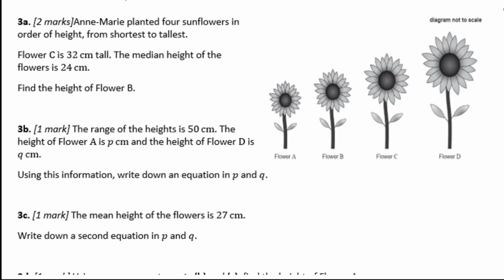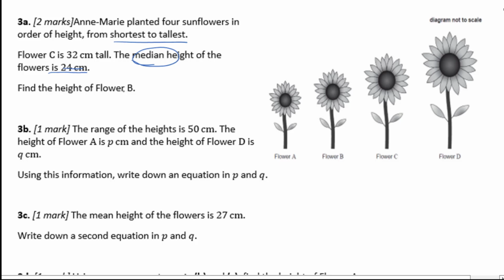Let's go to 3A. Aunt Mary planted 4 sunflowers in order of height, from shortest to tallest. Flower C is 32 centimeters tall. The median height of the flowers is 24 centimeters. Find the height of flower B. We know the median height will be flower B plus flower C over 2.